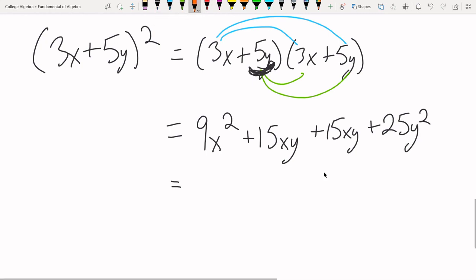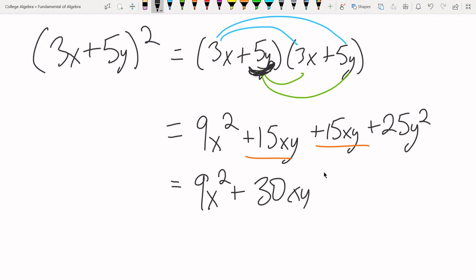Combining like terms, there's really only two that are like terms. And I'm going to write a 9x squared, and the like terms are 15xy and 15xy, which is 30xy, and then 25y squared.